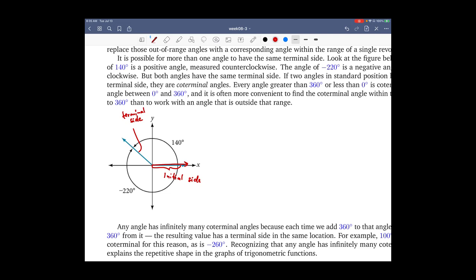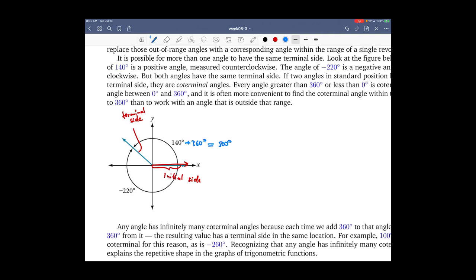Definitely there are more angles than these two that correspond to this given initial side and terminal side. For example, I could take an angle of 140 and add an angle of 360 degrees to get the angle of 500 degrees. That is yet another angle, the third angle with the same initial side and terminal side.